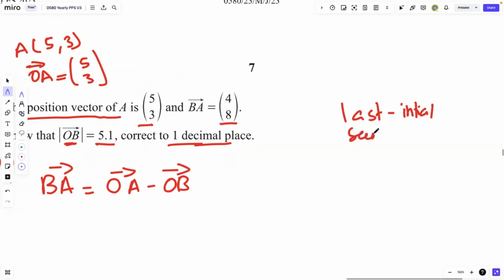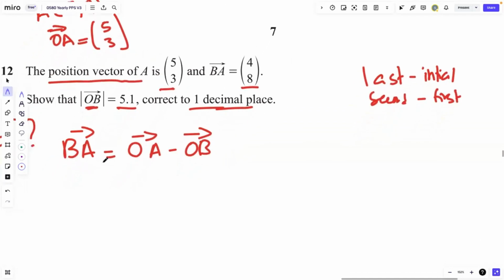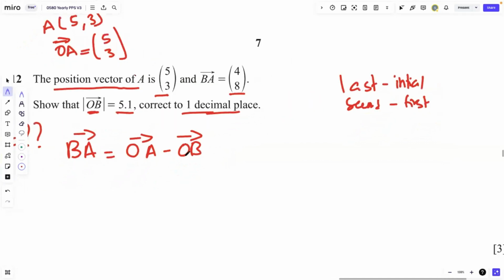Or another word would be second minus first. That's the formula you have usually. For any vector, the position vector second minus first would be in the order of appearance. So A came second, so that's why it's the position vector of A minus the position vector of B, which is first. Second minus first, or last minus initial.